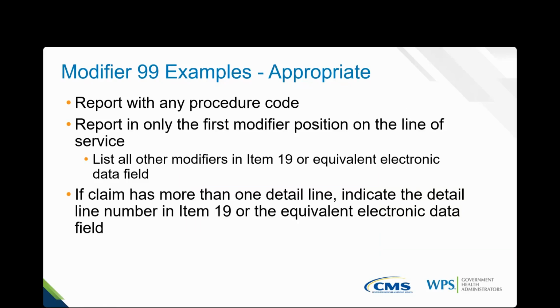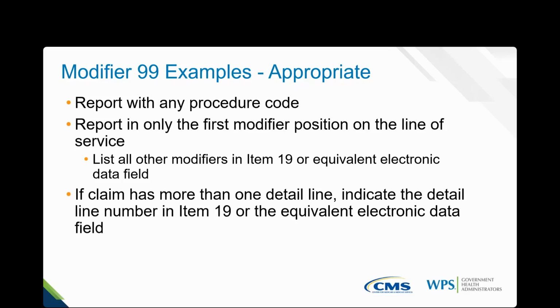You will need to list all the other modifiers in item 19 or the electronic data equivalent of the claim. If there is more than one detail line to which the 99 applies, you need to be certain to indicate each detail line when listing all of the other modifiers in item 19 or the electronic equivalent.